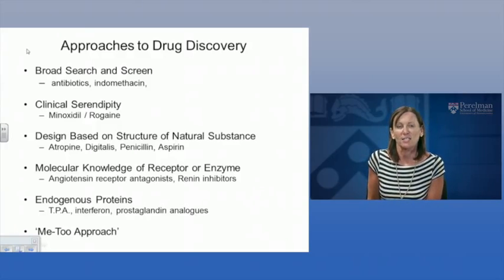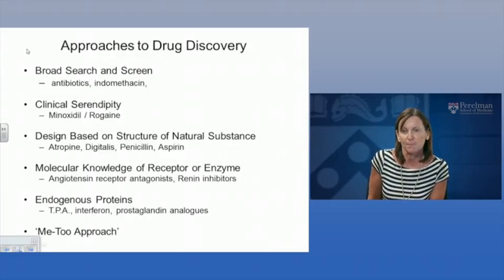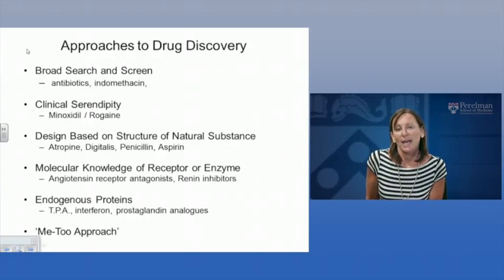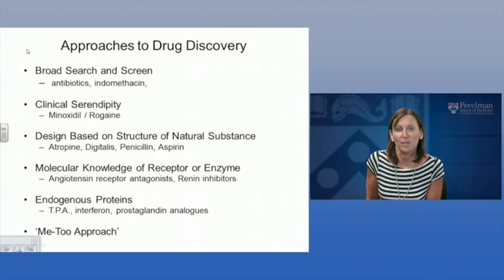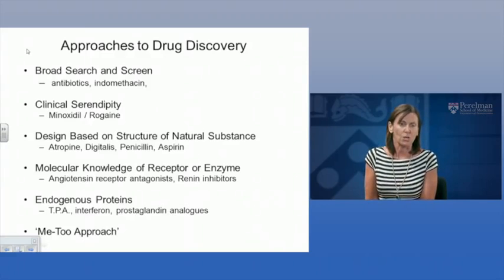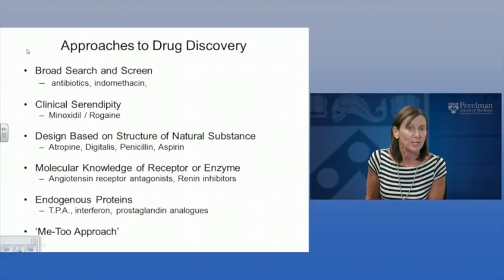So these are the design of currently used synthetic drugs based on the structure of a known natural substance. The more scientifically exciting component of pharmacology is actually designing drugs based on the molecular structure of the receptor or the enzyme.